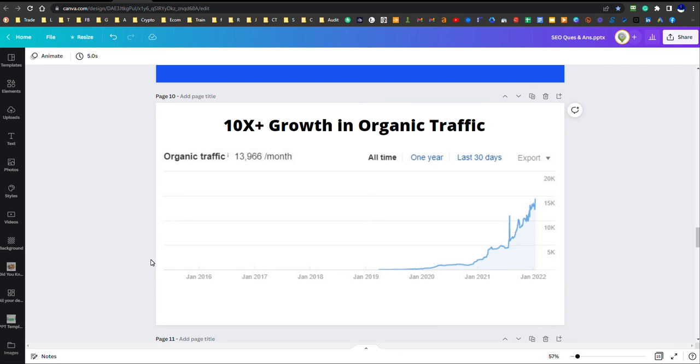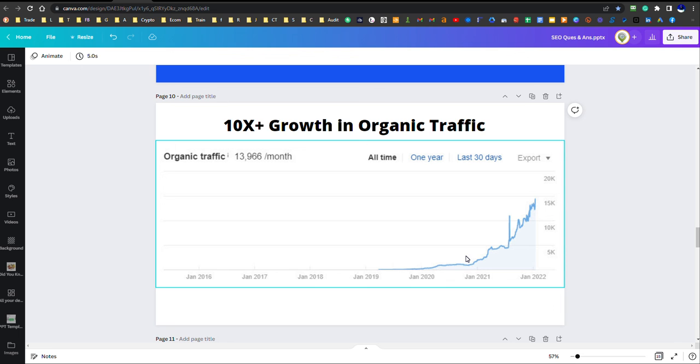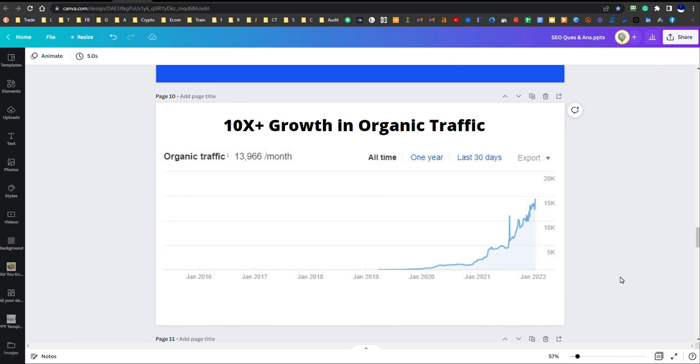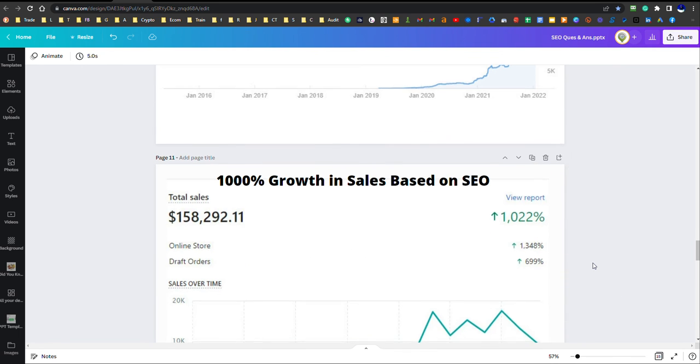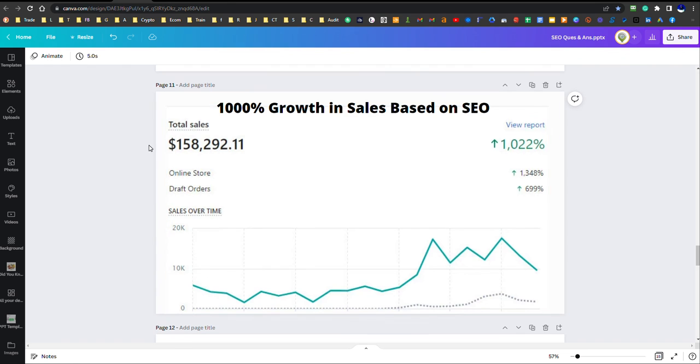But real growth like this does take a certain amount of commitment and a campaign where you have the budget to build content and all the other resources that go with that. So you can see with this client, we were able to increase their ROI by 1,000%.